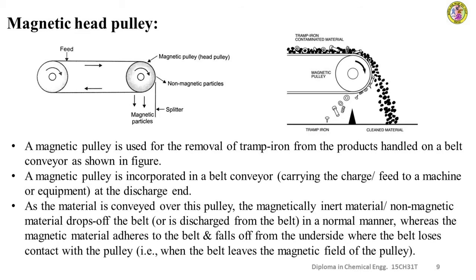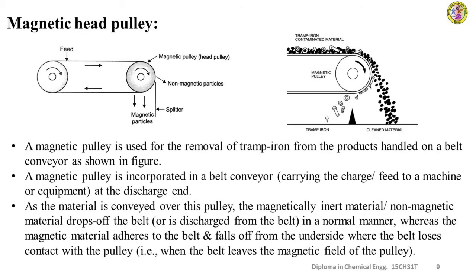As the material gradually advances over the belt, you can see that the stray iron particles are attached to the pulley when the pulley turns in the clockwise direction, and the non-magnetic particles easily fall down as soon as the belt turns down. But the magnetic particles, that is, the stray iron objects, are attached to the pulley and are separated out at a certain distance from the non-magnetic particles.